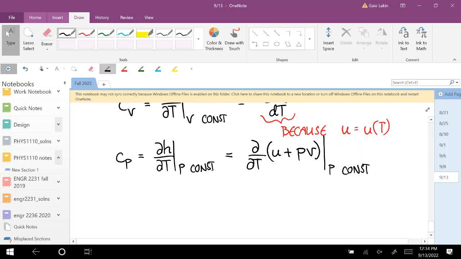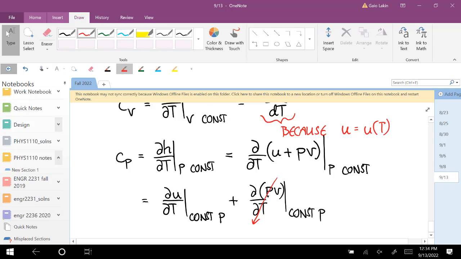Well, since it's a constant pressure, the pressure isn't changing, and the specific volume doesn't change because that's one of our assumptions, and u is only a function of T. So we can write this as the partial of u with respect to T for a constant pressure plus the partial of Pv with respect to temperature at a constant pressure.